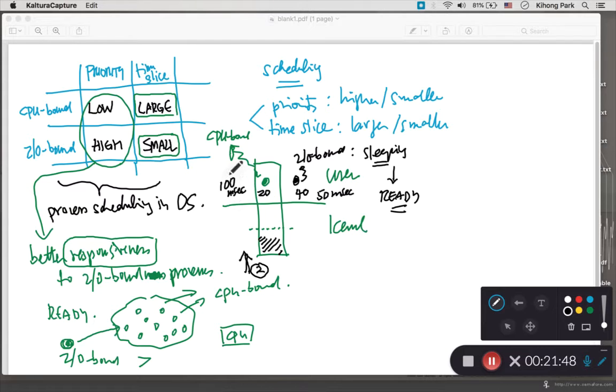But the reason why giving this guy a large time slice does not damage, does not reduce this responsiveness that we want to provide for these IO bound guys is this. When this IO bound guy now becomes ready, from that moment, how long will it take until it occupies the CPU?